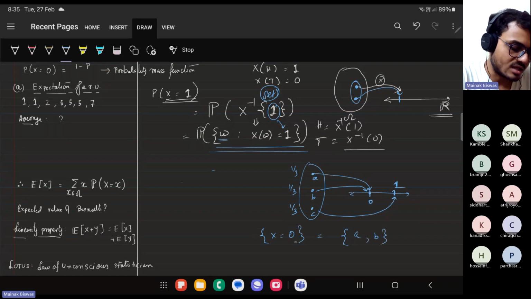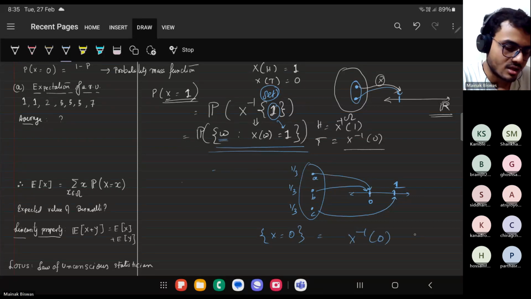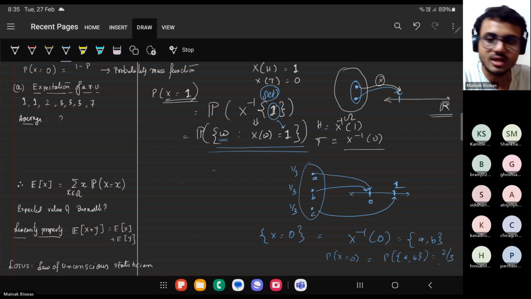Correct. X is equal to 0 means it is X inverse 0. Whatever is mapping to it, that is A and B. So the probability of X is equal to 0 would be the probability of A, B, that is equal to 2 by 3.